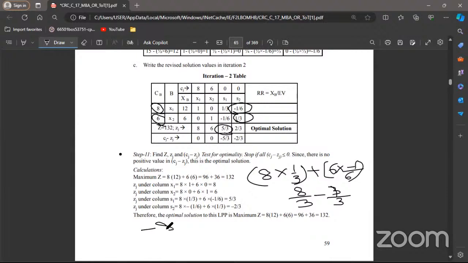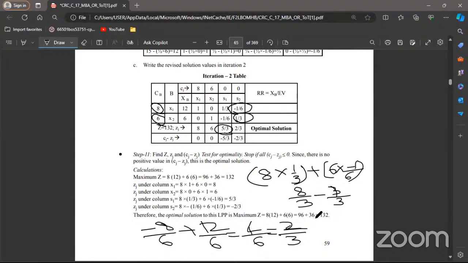Minus 8 by 6, isn't it? 6 into 1 by 3 is 2. Minus 8 by 6 plus 2 is how much? 2, I can write as 12 by 6. So I'm getting 4 by 6, which is nothing but 2 by 3. Are you getting it? Zj calculation is clear?